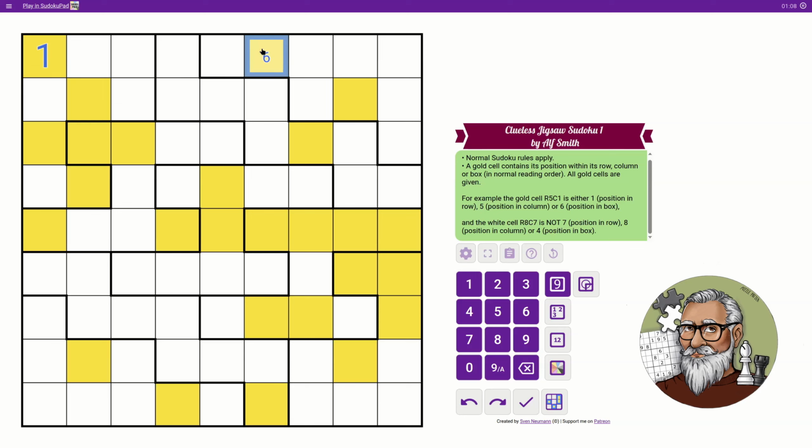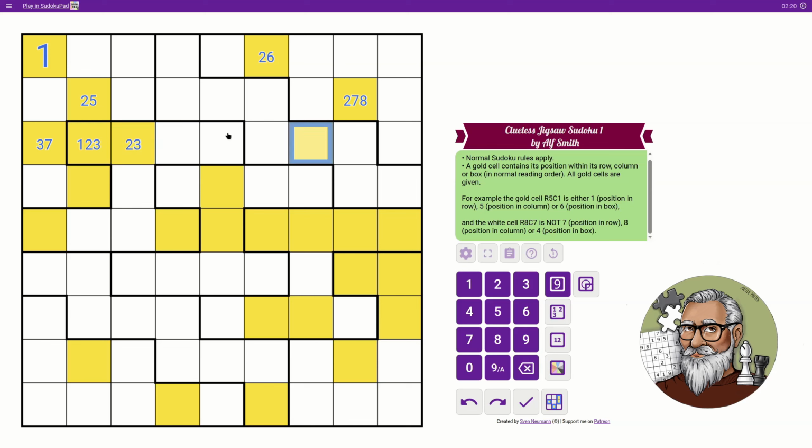1, 2, 3, 4, 5, 6, 7. Right. So this one can't be 1. It can be 3 because of the position in the column, and 7. This one can be 2, can be 3, and can be 1 actually from the region. And this one can be 3 from the column or the row, and it could be 2 from the region.